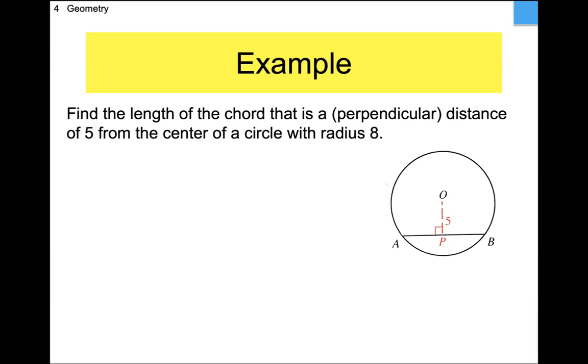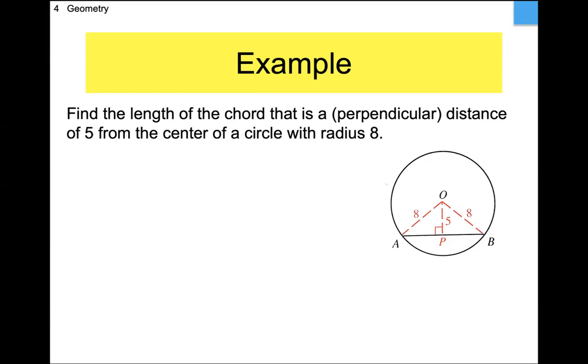Now, some kids would draw it continuing from P to the circle and just label that part 3. If it has a radius of 8, that means 5 plus 3 is 8. Other students would draw this, probably knowing where we're going with this. So it says, find the length of the chord. If we need the length of the chord, I need the distance between A and B. In other words, I need to find either the entire thing or maybe pieces of it.